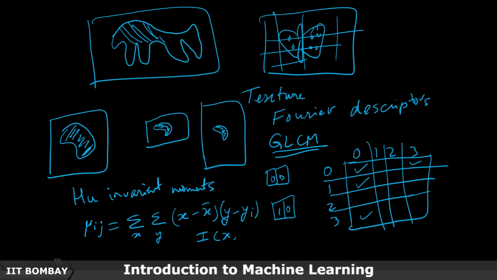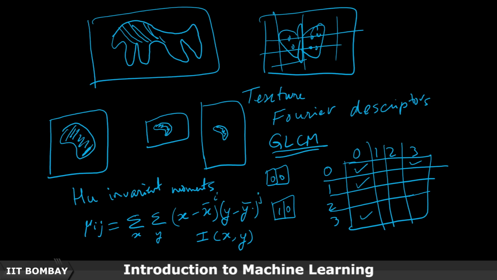So we can treat the intensity as some sort of probability density, a weighting factor, and based on that we can see where the average intensity of the image lies. Sorry, I forgot the powers here. This is x minus the central x to the power i and y minus the central y to the power j.